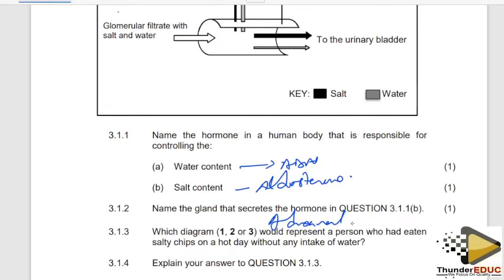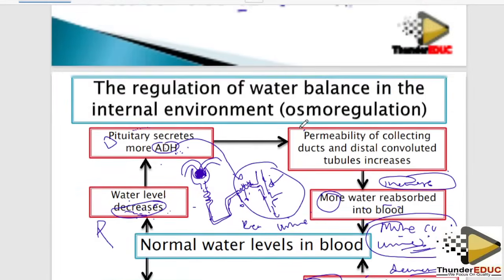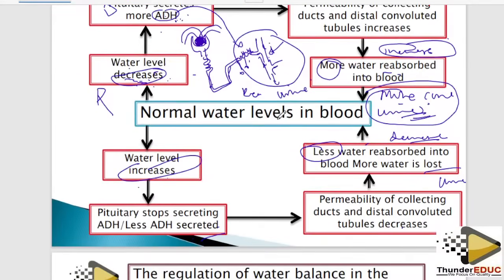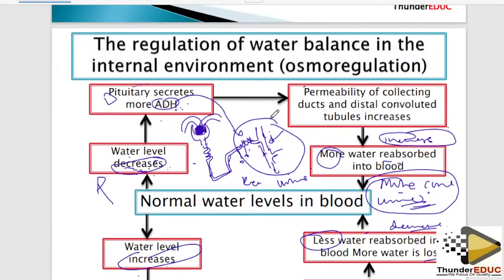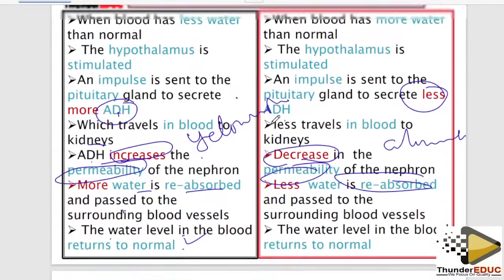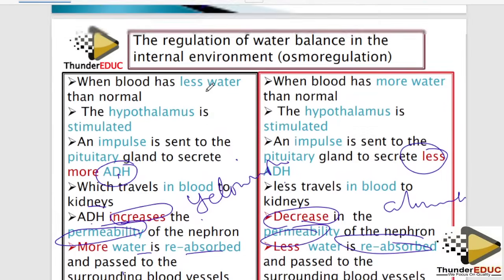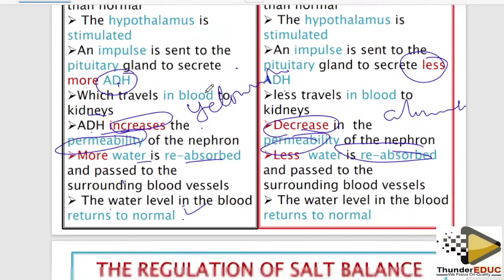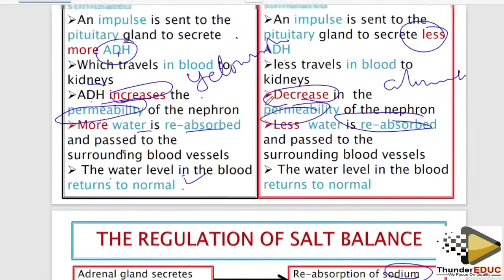Adrenal gland. Yes, adrenal gland. Guys, my handwriting is bad. Yeah, it's too bad. Anyway, adrenal gland.